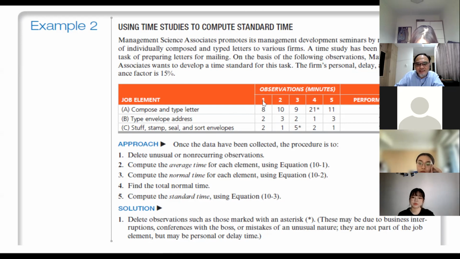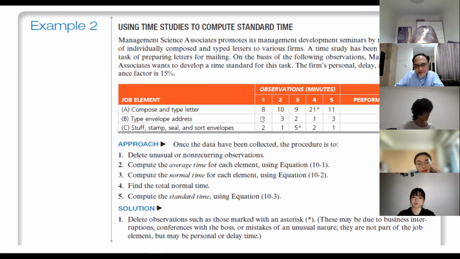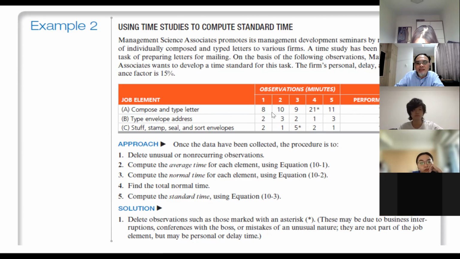For the first cycle, the job is completed in probably 12 minutes. And probably it's not just one letter, it's a few letters. So that's the cycle, and this is the time for each element: 8, 10, 9, 21.